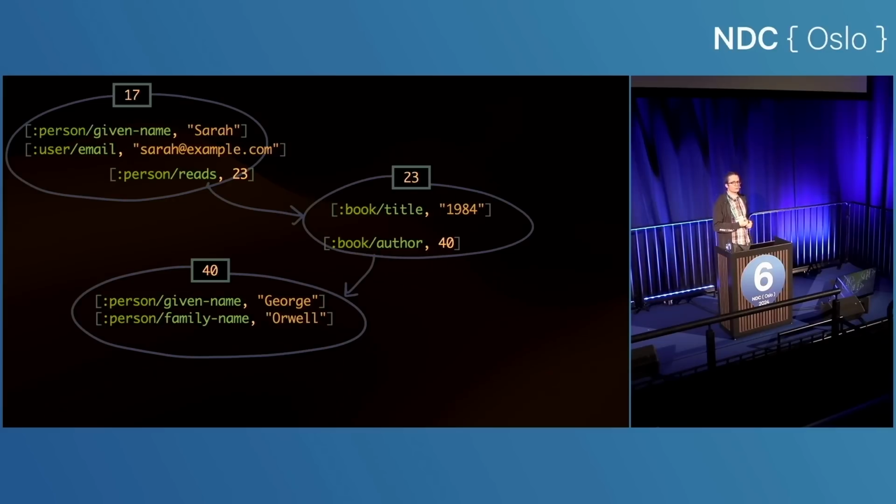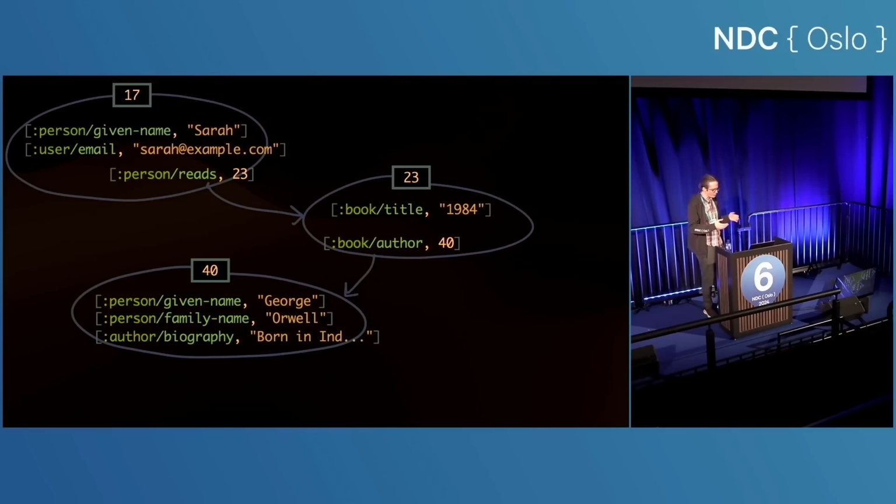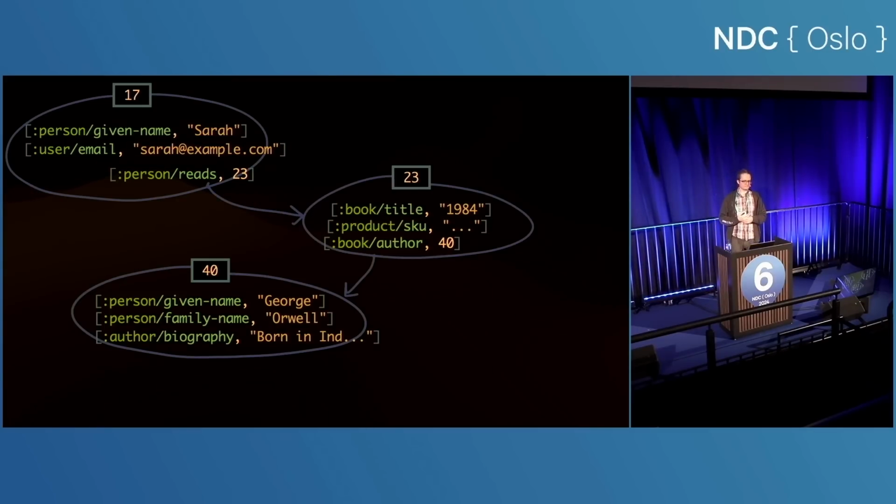And I'm pretty sure George Orwell does not have an email address. On the other hand, George is an author, and he has a biography, and he was born in India, and so on. And maybe the book title is part of some product with a SKU. So we are able to model the world as we see it.